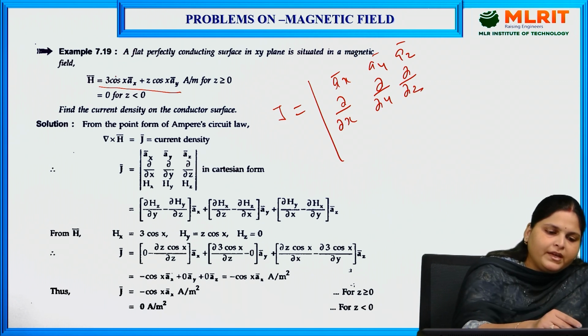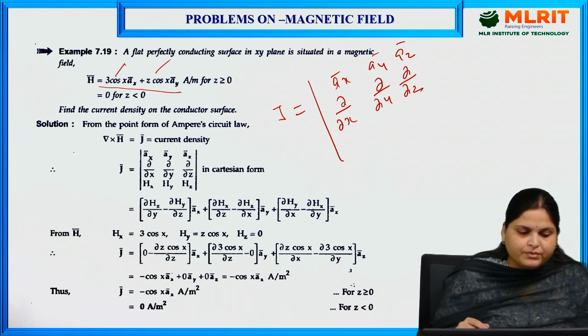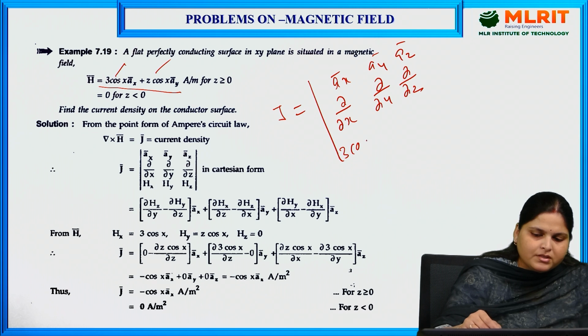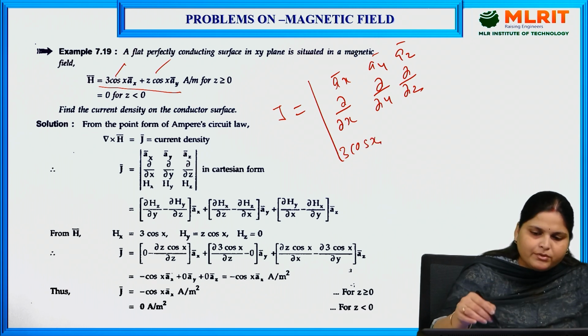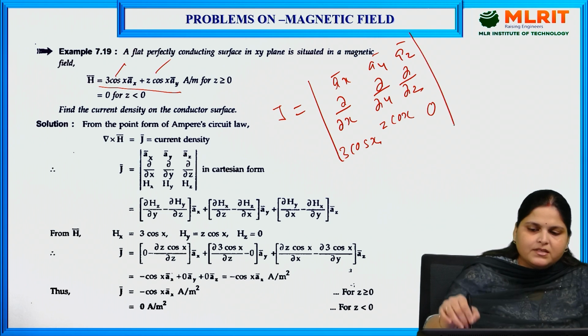Now here only x and y components are given, z is 0, right? So Hx is 3 cos x, Hy is z cos x, and Hz is 0.